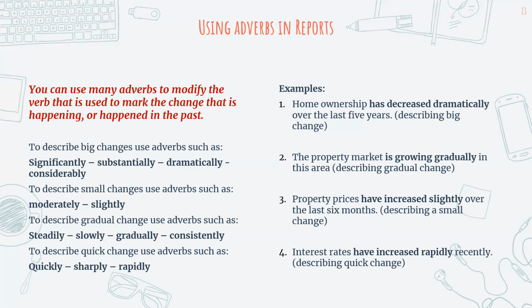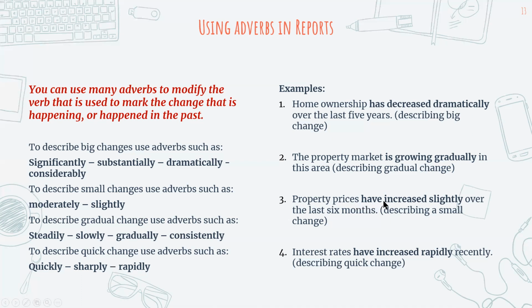Okay, let's see some examples. Home ownership has decreased dramatically over the last 5 years. Has decreased dramatically. So I'm talking about a big change. The property market is growing gradually in this area. So this is a gradual change.